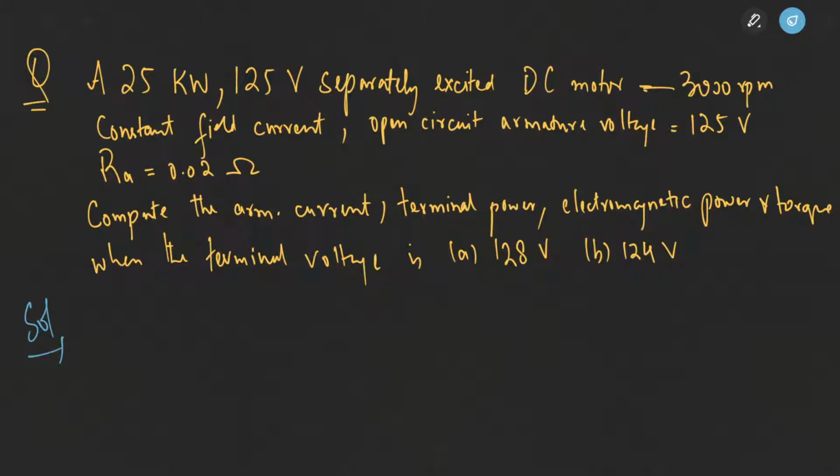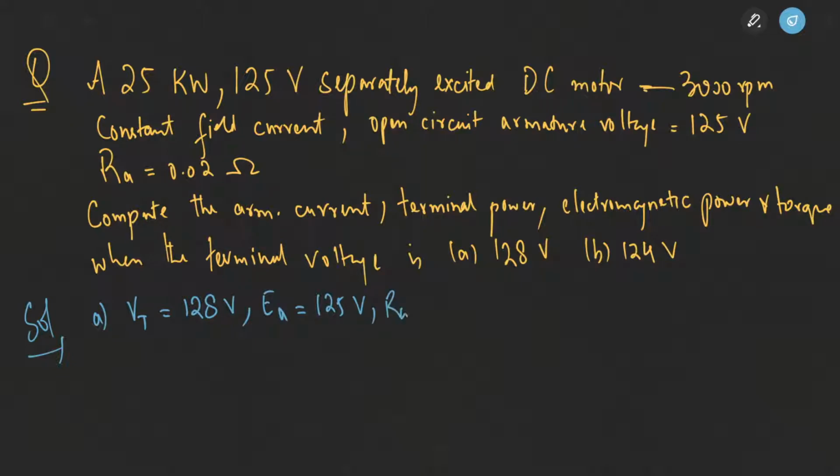In the first case, case A, the terminal voltage is 128 volts, and the open circuit armature voltage is 125 volts. That means EA is equal to 125 volts. Therefore what is RA?